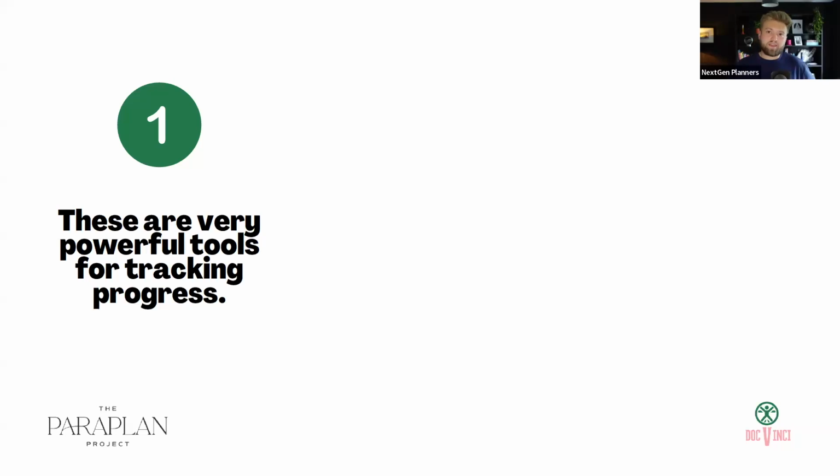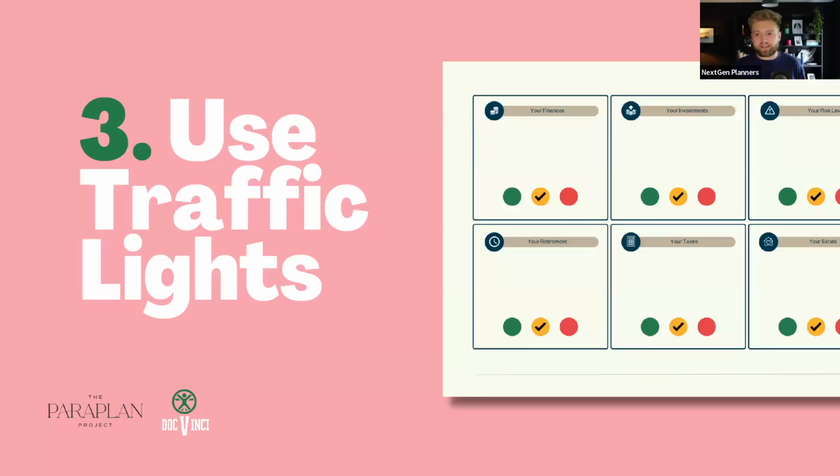So one way, as you can see on the last one there, that people would use them is to track progress. You can have traffic lights, speedometers, trackers, all sorts of different things just to say across different areas of a client's life, how are they doing with these? And it doesn't need to be anything too traditional or formal. You can be quite colloquial with this. So for example, if it's a green, you can say you're doing great.